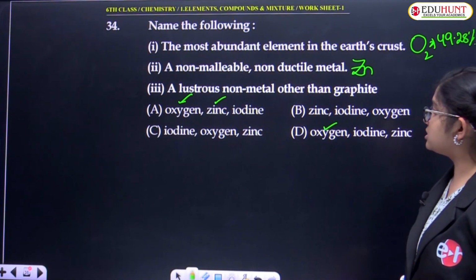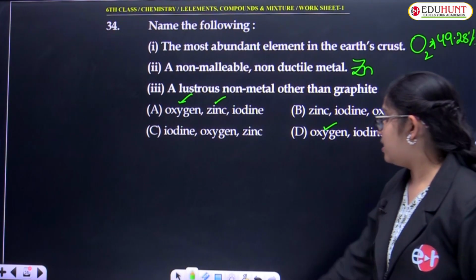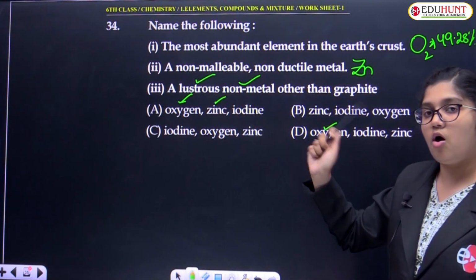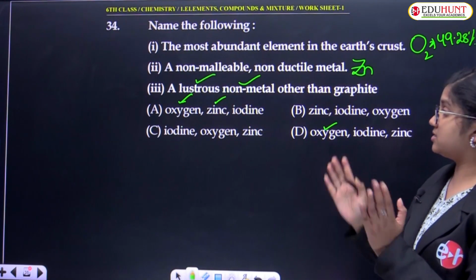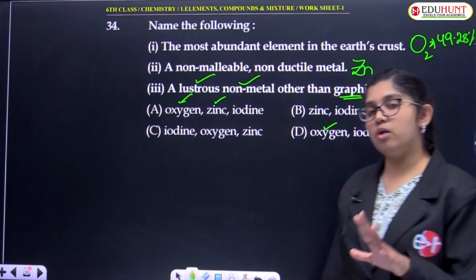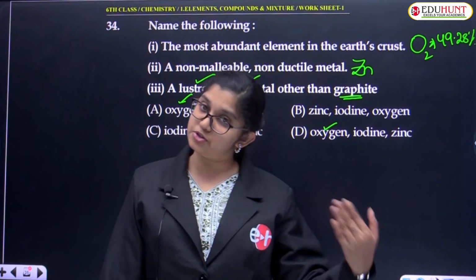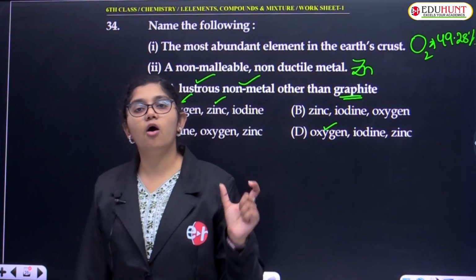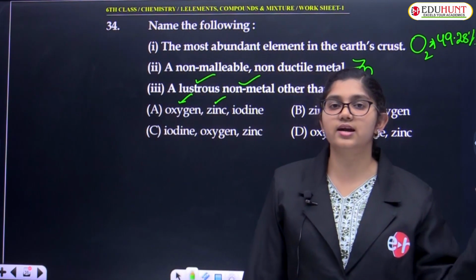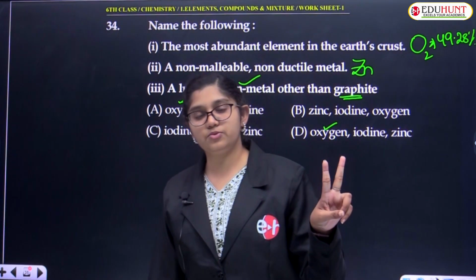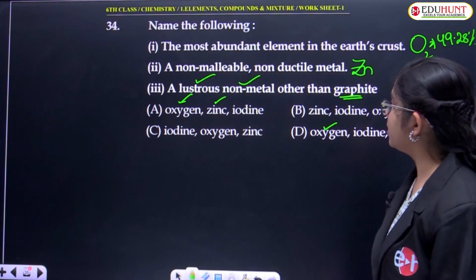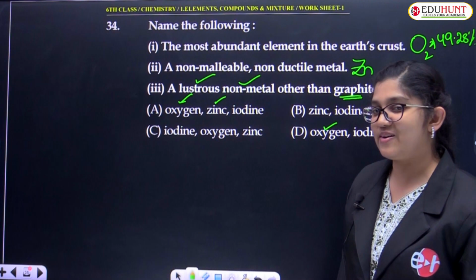A lustrous non-metal other than graphite. All non-metals are lusterless, meaning dull in appearance, but here they're asking about a lustrous non-metal other than graphite. All metals are lustrous and all non-metals are lusterless, but there are two exceptions: graphite and iodine.